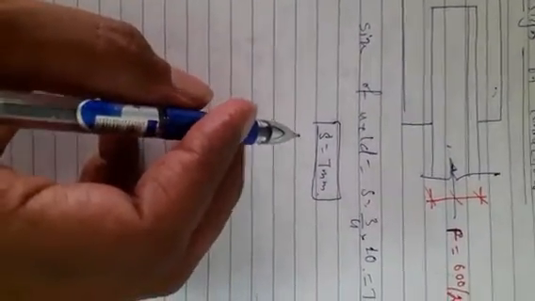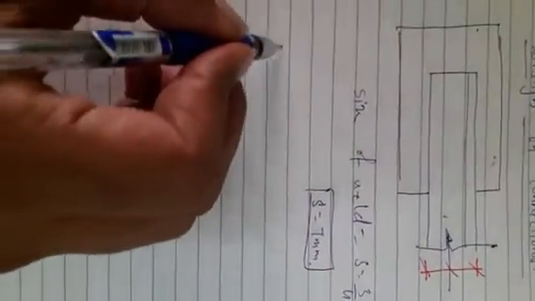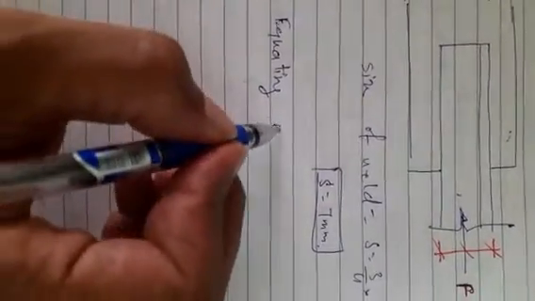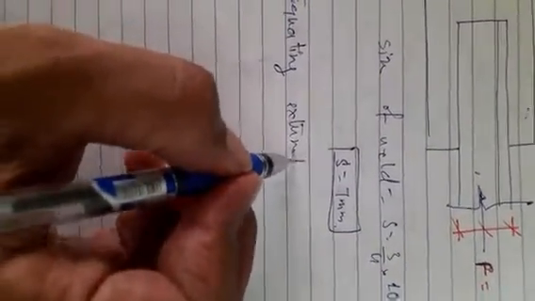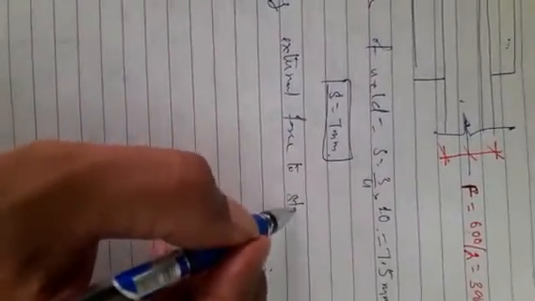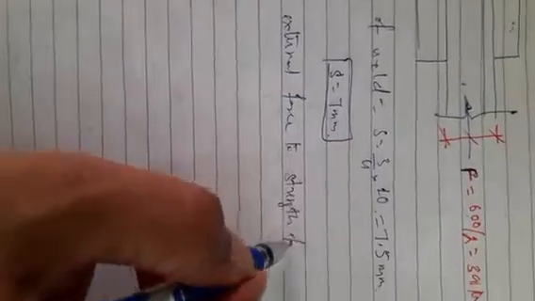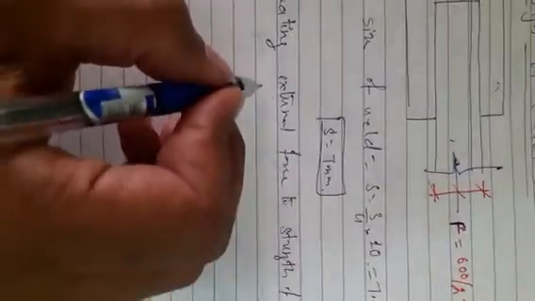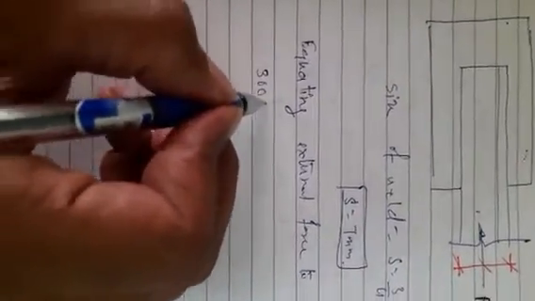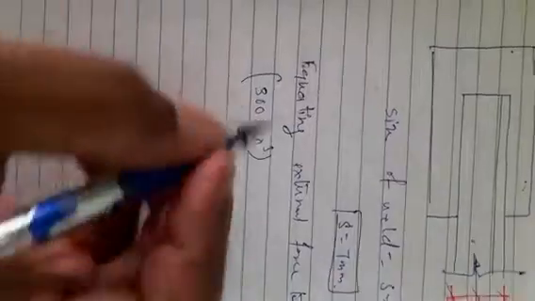Now I have to find length of the weld, equating external force to strength of weld. Let weld length be L. So I have external load on each angle 300 into 10 raised to 3 newtons.